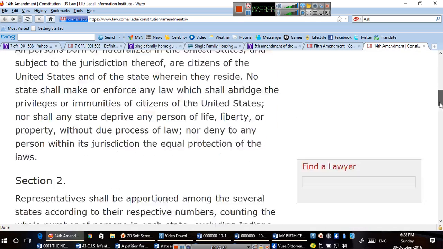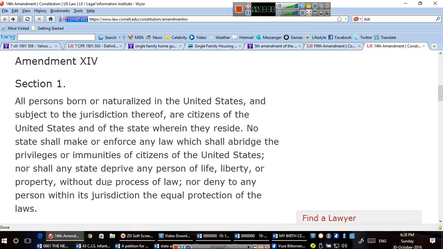There is no need for them to mention it again in another amendment. Now let me sit back and see if you guys pay attention to what I'm saying. If they mentioned it in the Fifth Amendment, in the Bill of Rights, there is no reason for them to mention it again later on down the line, years later.